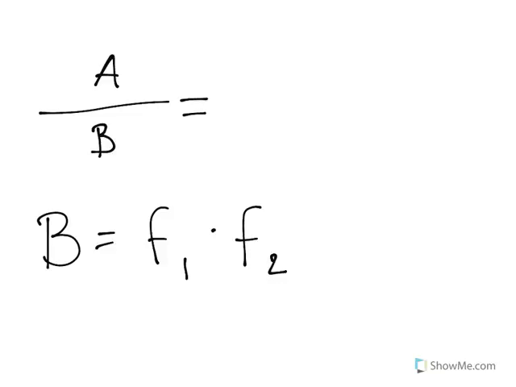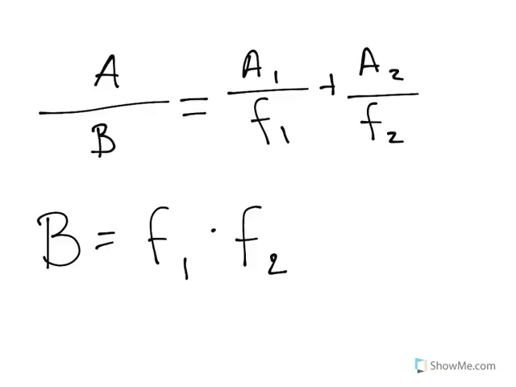So these are some factors of b, the two factors of b actually, and we are claiming that there is some a1 over f1 plus a2 over f2, and that is equal to a over b.